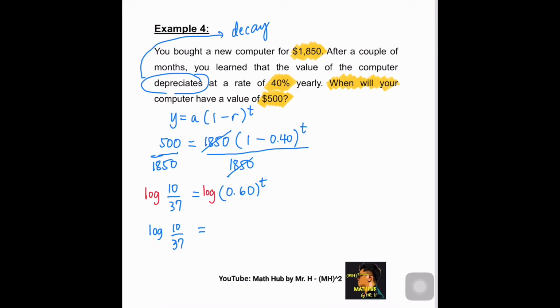so another property of log that we need to apply here is the exponent t will be put down forward, which will become like the coefficient of the log. Okay, so it's going to be t times log of 0.60. There you go.